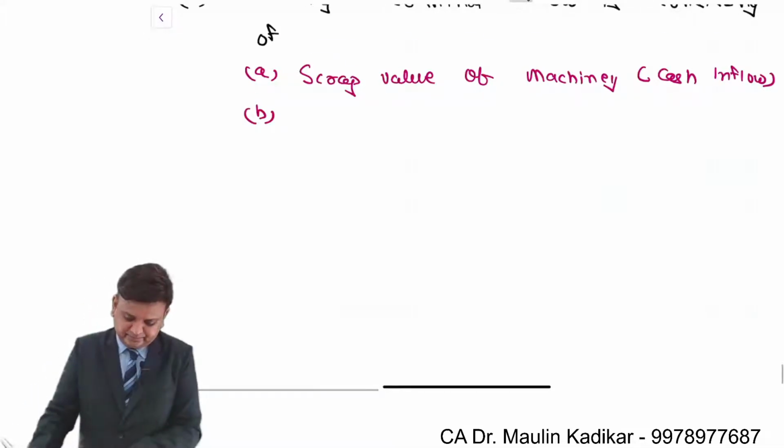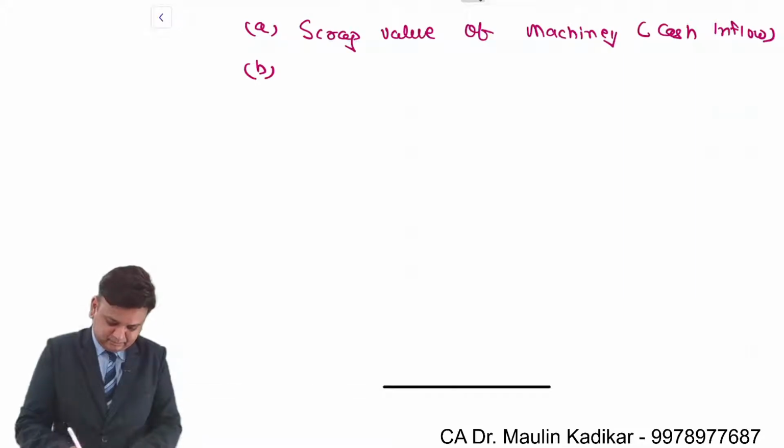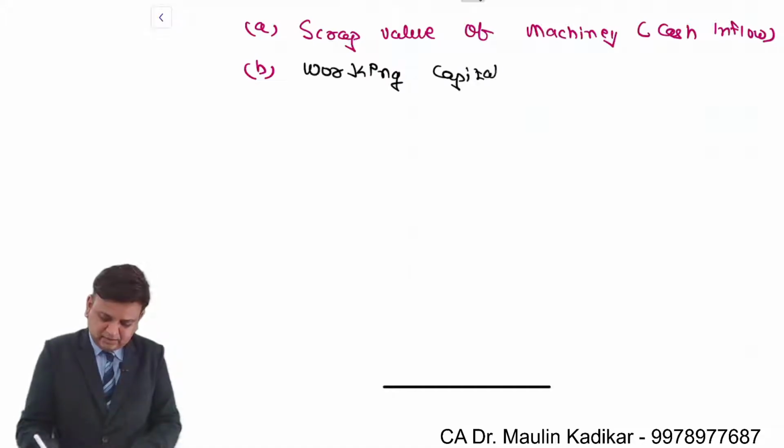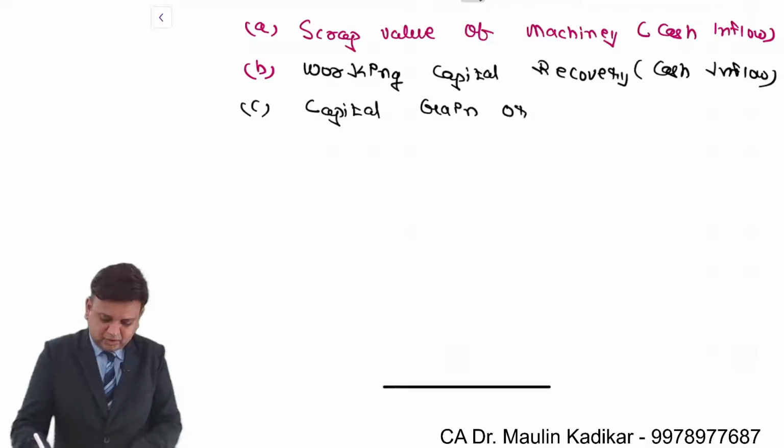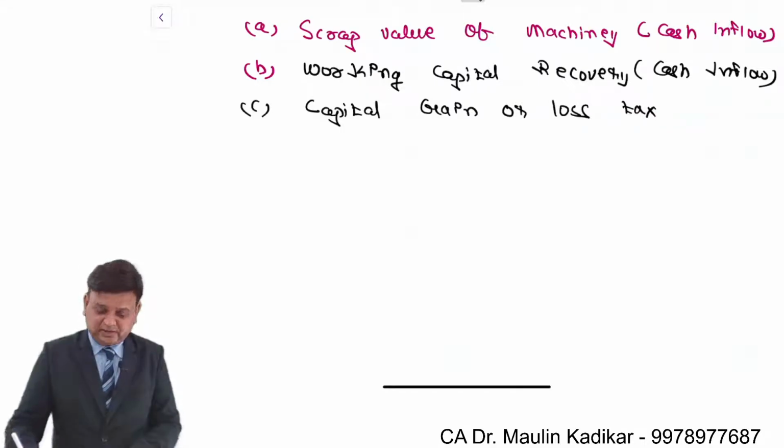B, working capital recovery, in bracket cash inflow. C, capital gain or loss tax effect.